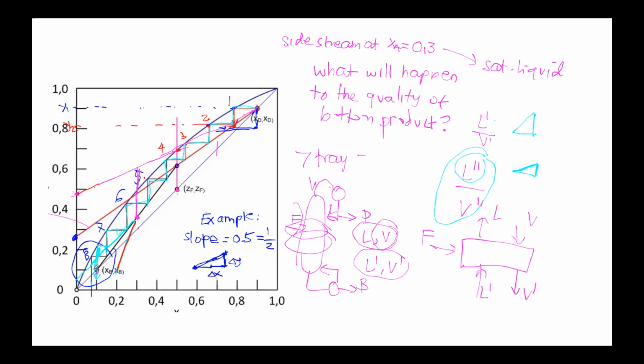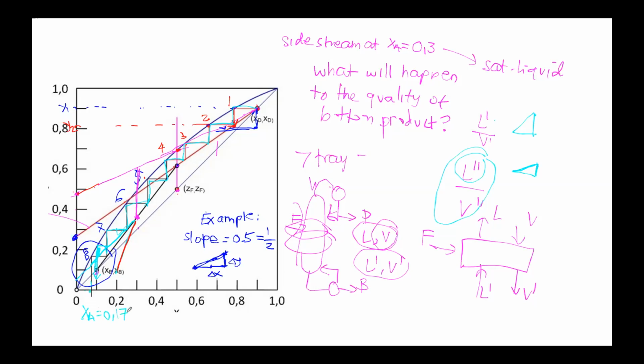I would say the quality of the product, the XA, would be higher compared to the original one. Let's say before there's a side stream, the XA is about 0.7 for the bottom product.